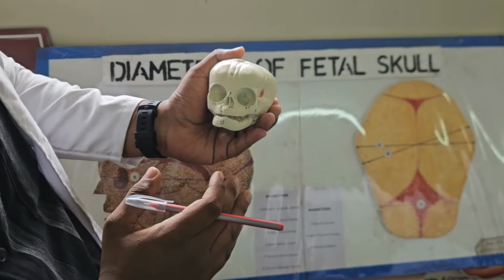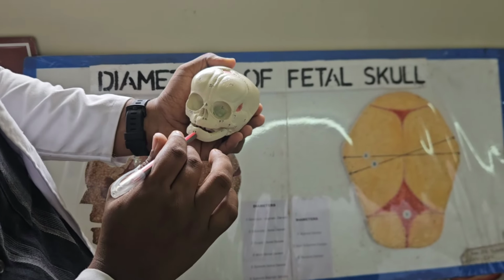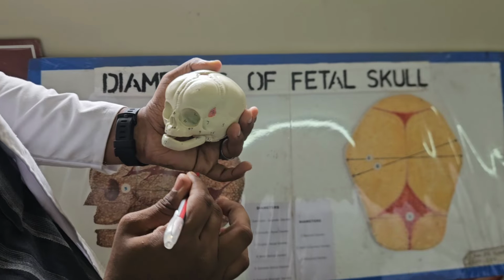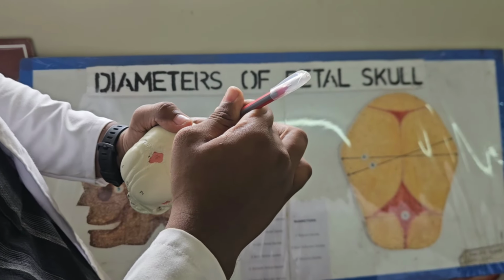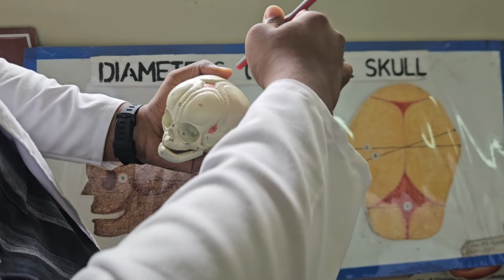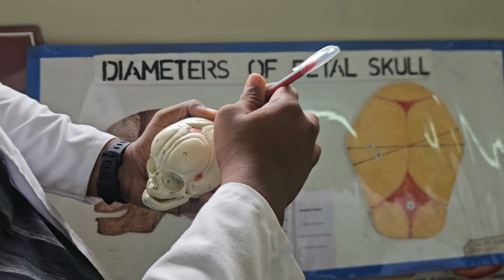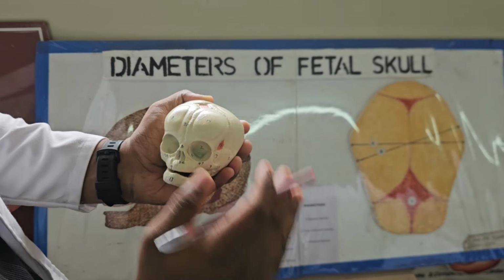So the first anterior diameter is mento-vertical, measured from the center of the chin to the highest point of the sagittal suture. This is 14 centimeter. It is the highest diameter in the fetal skull.